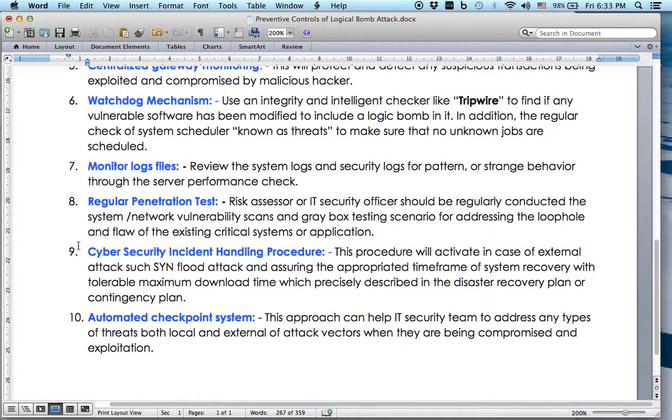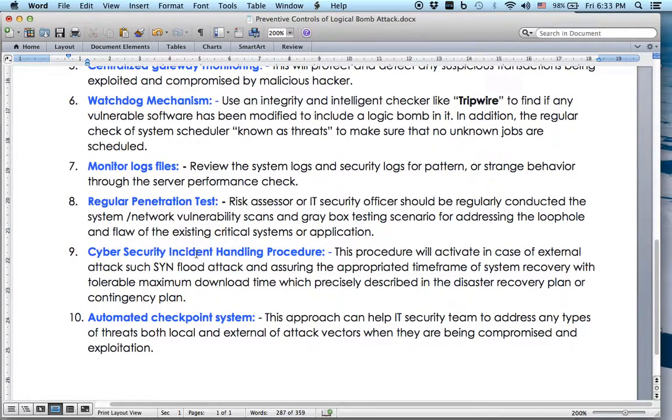So the next is the cyber security incident handling procedure. This procedure can support the crisis in case of an external attack, for example DDoS, worm, or Trojan, or whatever is involved with the external attack vector, such as the SYN flood attack.